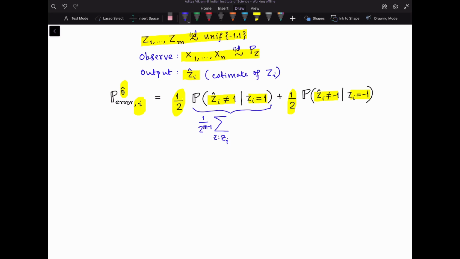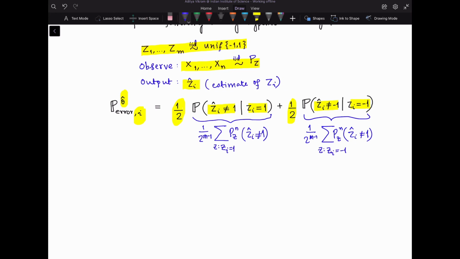the sum over all z where zi equals 1 of pz to the n, and similarly this would be the sum over all the z where zi is minus 1. This is by calculation of conditional probability.